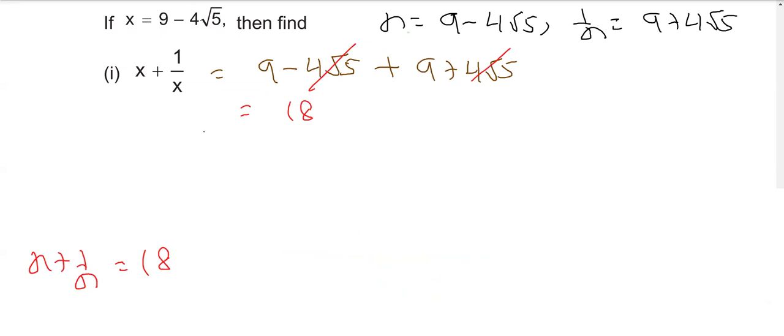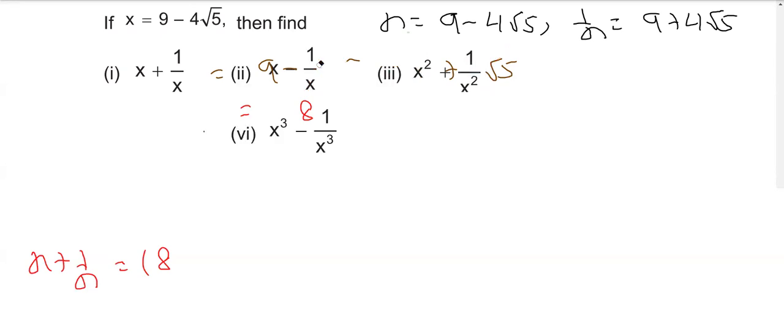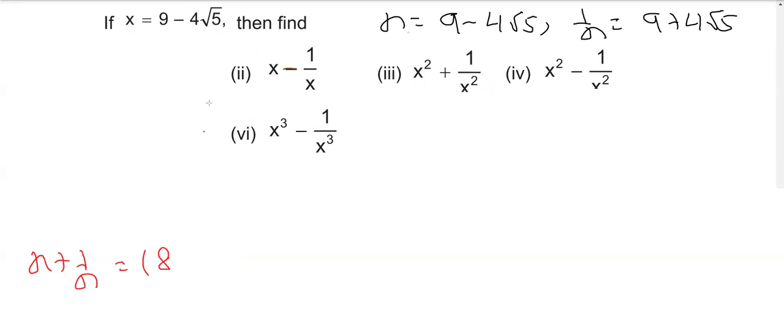Now we can do the remaining parts. We did the first part, and let's see how to do the second part. Now I'm erasing this. In the second part, we have to get x minus 1 by x.